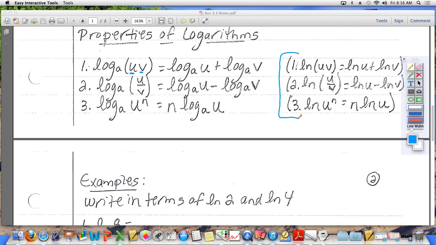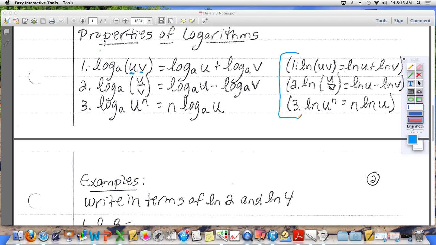They work exactly the same way. Remember what ln means? Natural logarithm, but it represents the logarithm with what base value? E. Log base E.